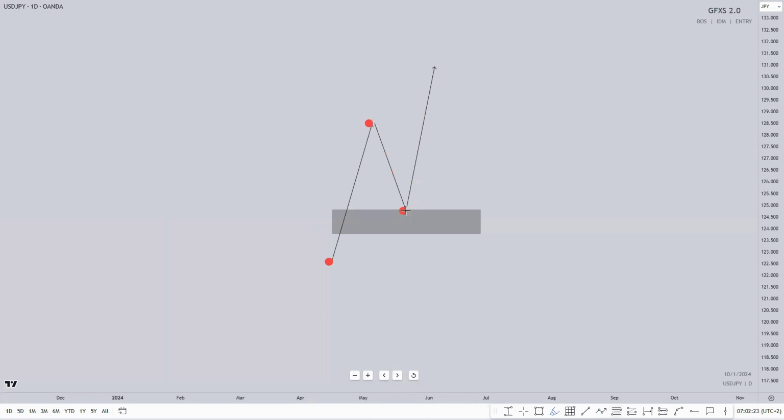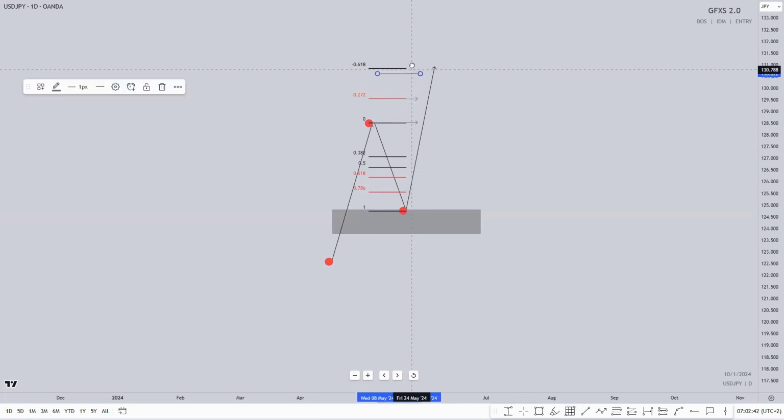You're going to mark from here to here to get your Fibonacci target. You know that 0 will be your take profit 1, and then the -0.272 will be your take profit 2. And then your take profit 3 will be in this zone, the -0.618.